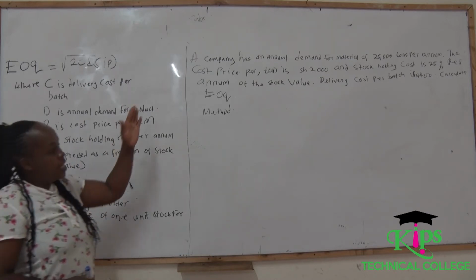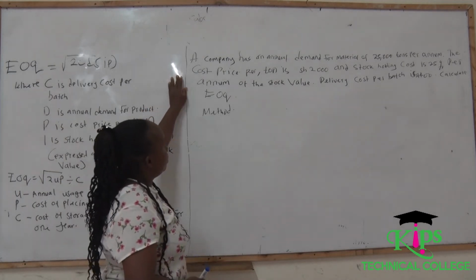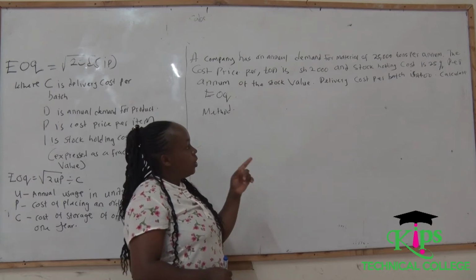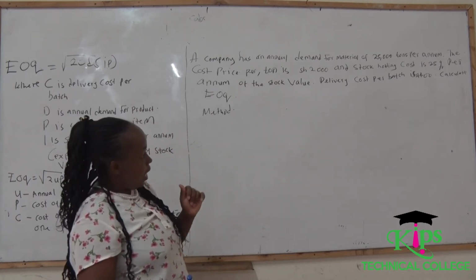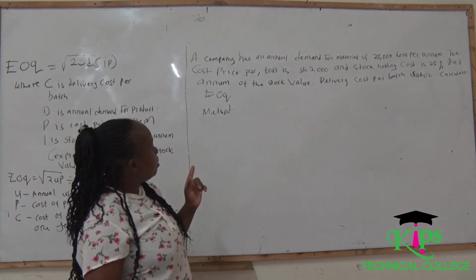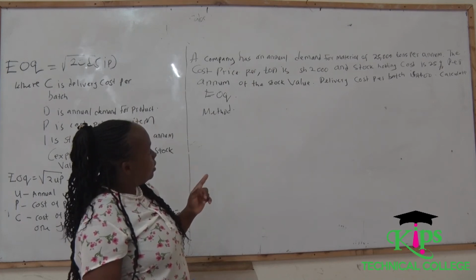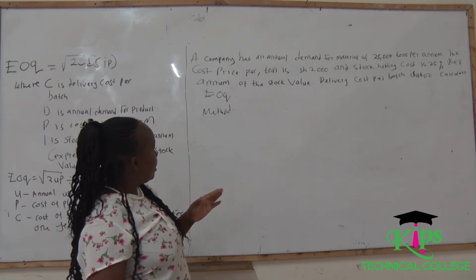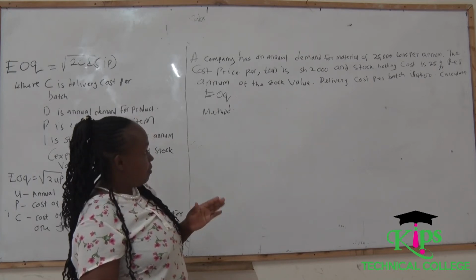We have a question here that we are supposed to calculate. A company has an annual demand for material of 25,000 tons per annum. The cost price per ton is 2,000 shillings and the holding cost is 25% per annum of the cost value.